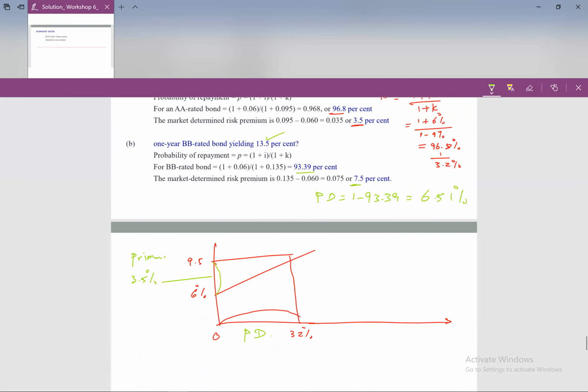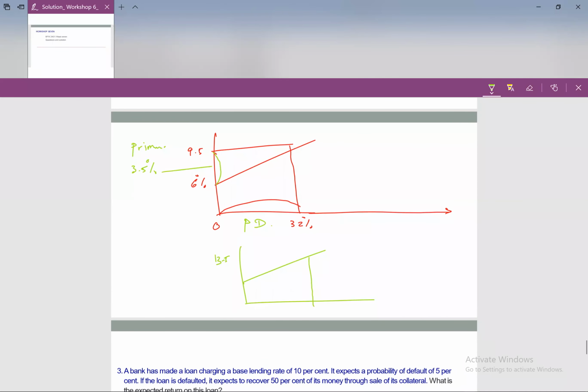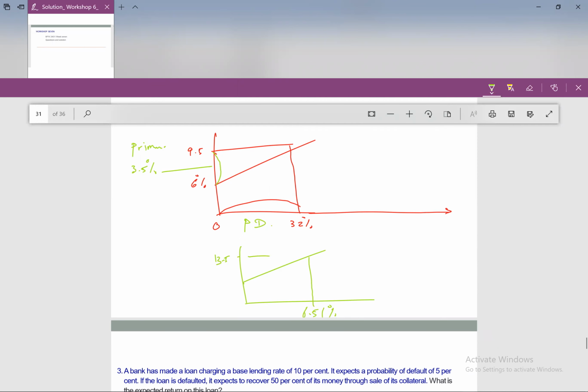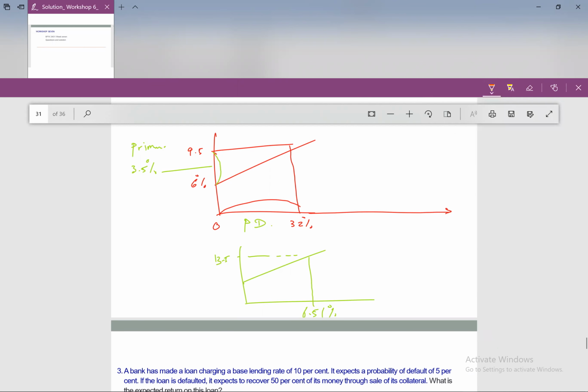Again, as I told you, if you look at this, it will be like this, 3.5, and here is 6.51%, and this is the defaulting, and this is 6%, and this is 7.5%.